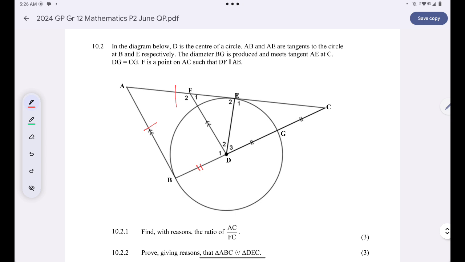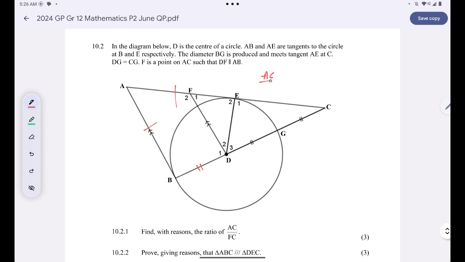F is the point such that DF is parallel to AB. Prove with reasons the ratio of AC over FC.